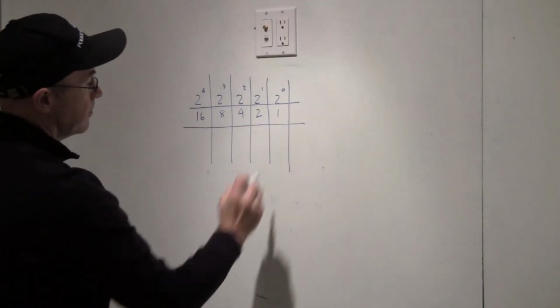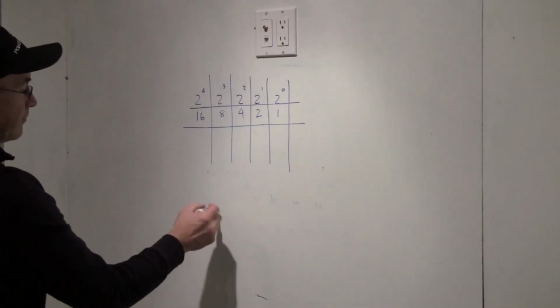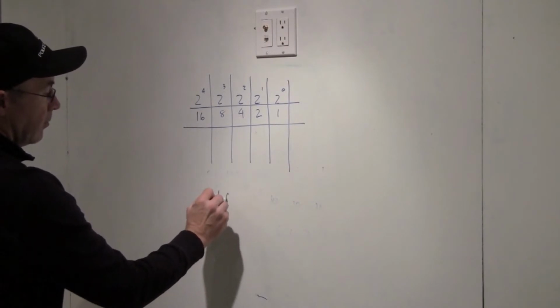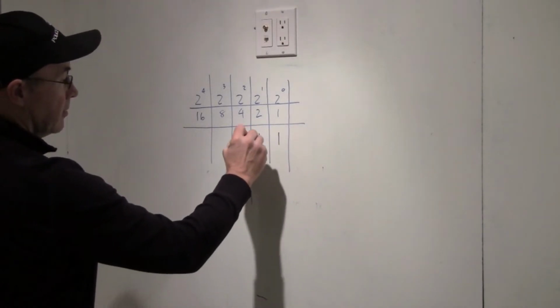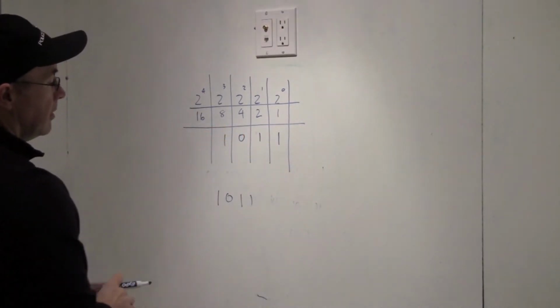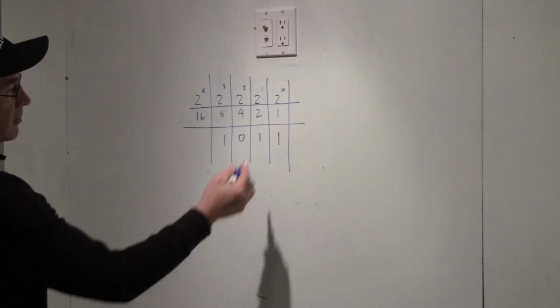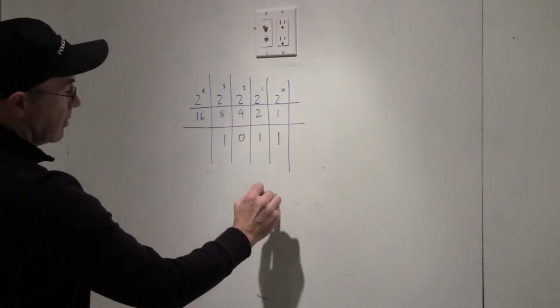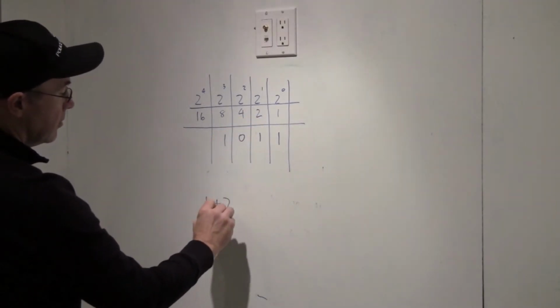So if you have a binary number we want to evaluate, say it's 1011. We just fill that in here, 1, 1, 0, 1. And then you basically just add up the powers of 2. So there's a 1 in the ones column, plus there's a 2.